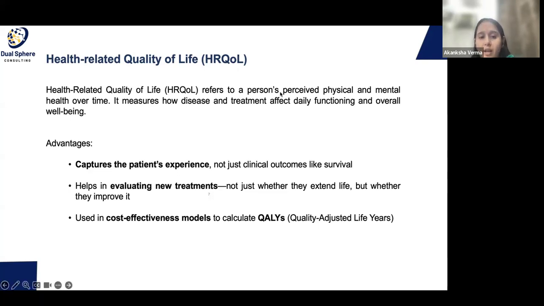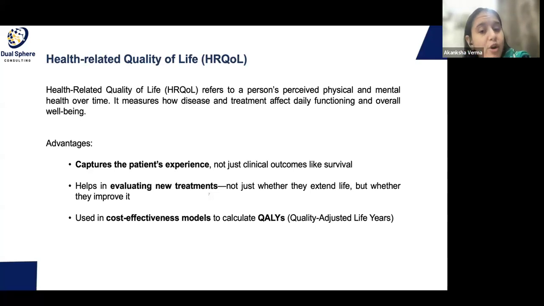It's about how improved your life is after taking that treatment. If it's just adding years to your life, it's not important. It's important how well you are living those additional years. That is what it helps you to evaluate.